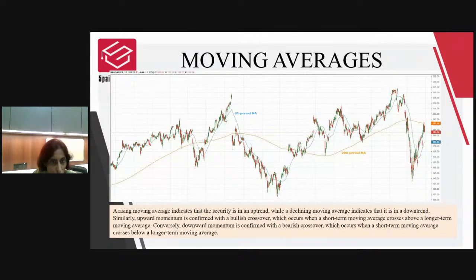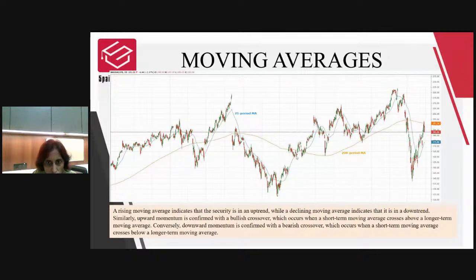Conversely, a downward momentum is confirmed with a bearish crossover, which occurs when a short-term moving average crosses below a long-term moving average. The short-term moving average, which is 21 days in this case, is crossing below the longer moving average, which is this.